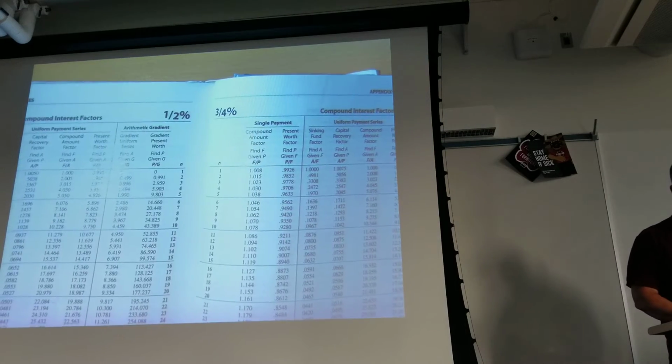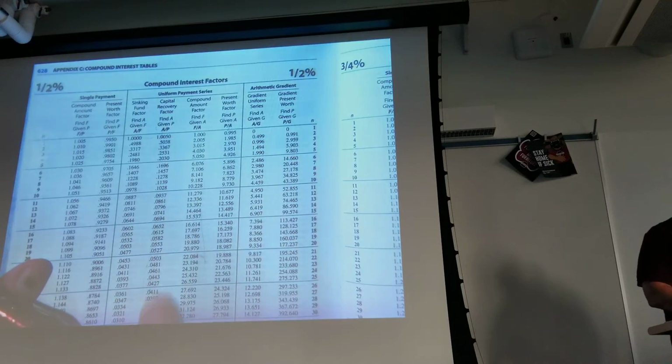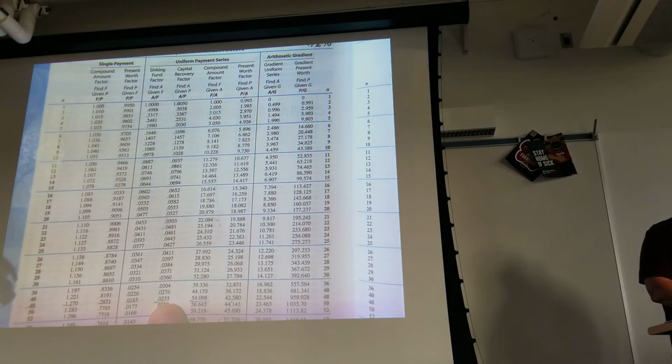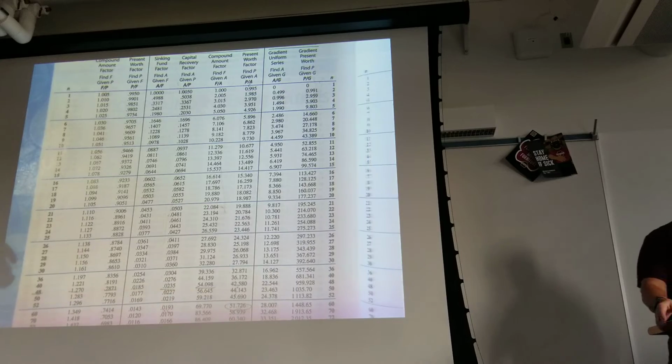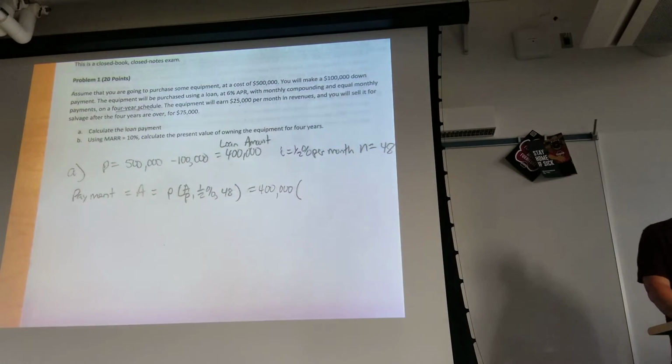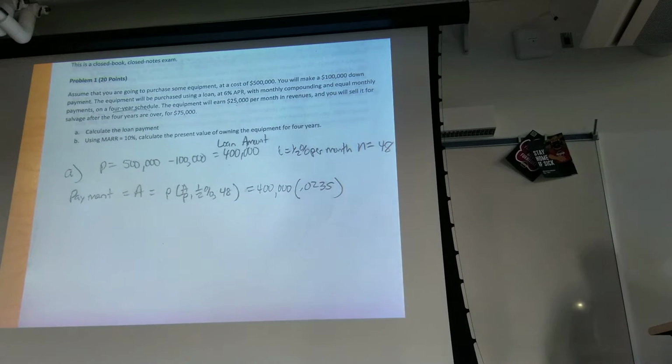Okay, so 0.5%, A over P, and we want 48. 0.235. That's 9,400.